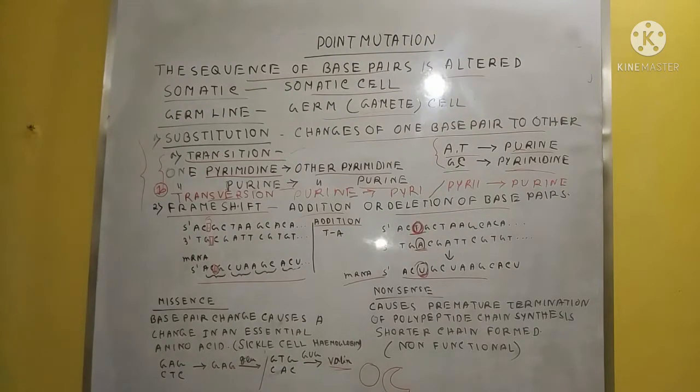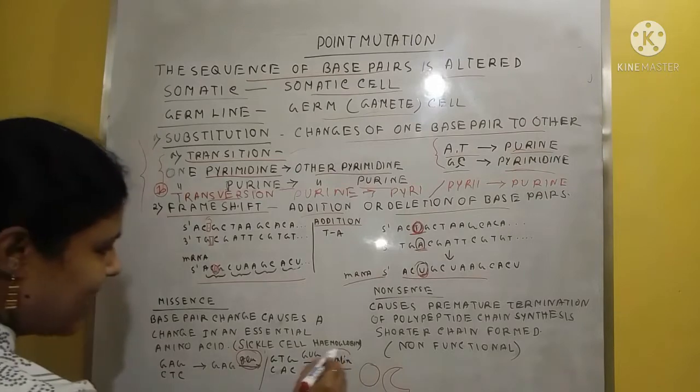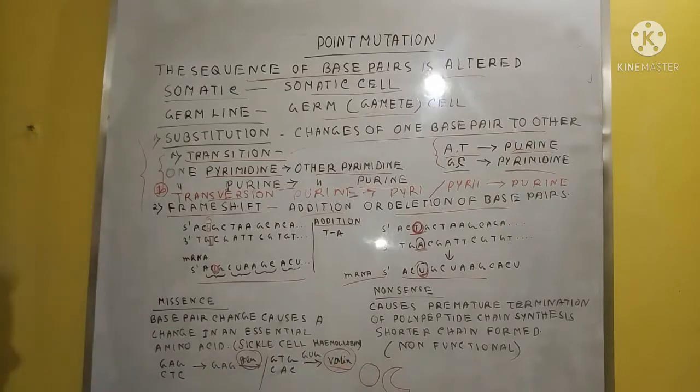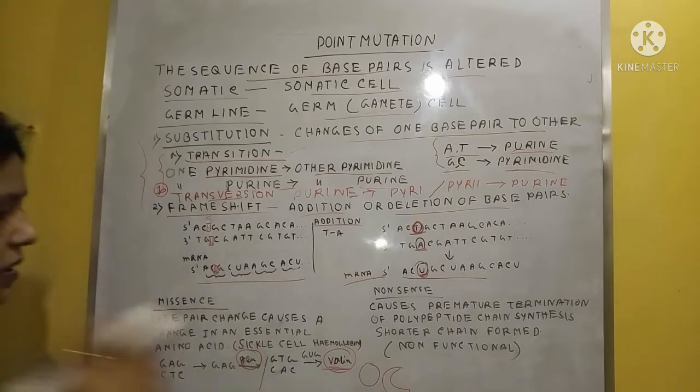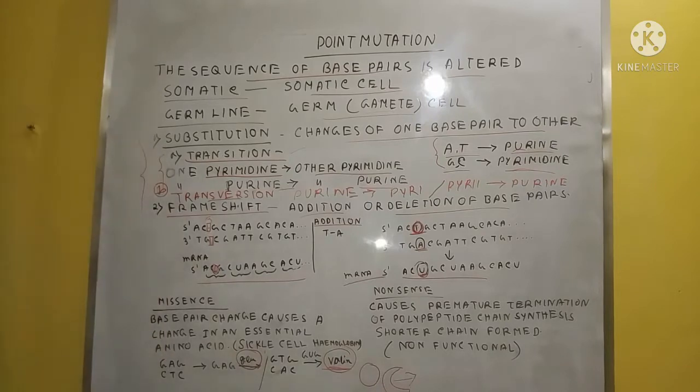So what happened is the glutamic acid is very important for forming the RBC in its spherical shape. But in place of glutamic acid, when valine is formed, the structure of the red blood cell changes to the sickle shape. Clear? This is called sickle cell anemia.